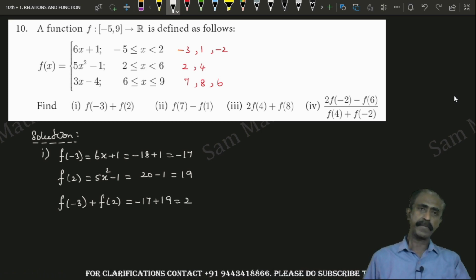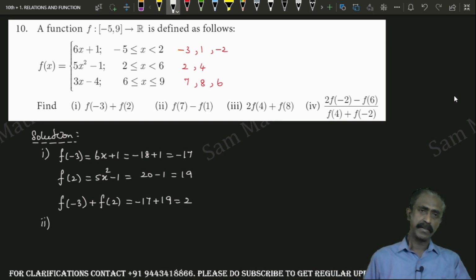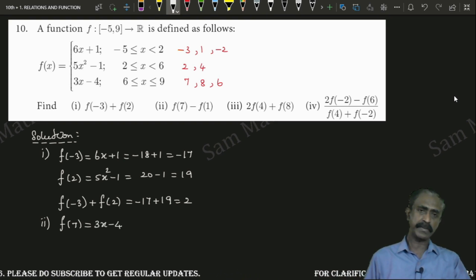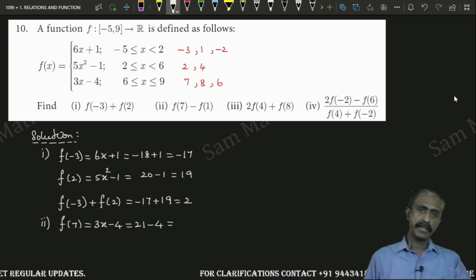Now we can go for the second one. We need f of 7. f of 7 is in the last interval. So I have to use the function 3x minus 4, equal to 3 sevens are 21 minus 4, that is equal to 17.